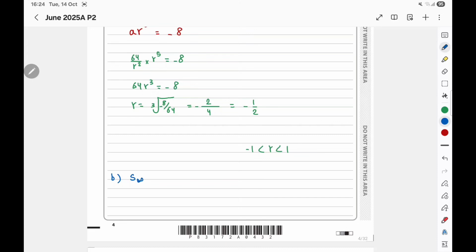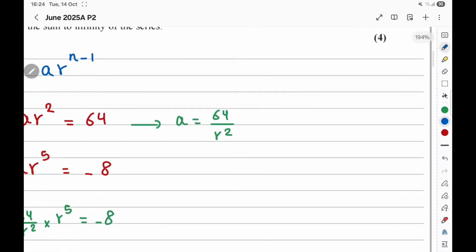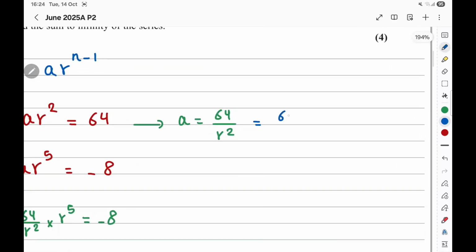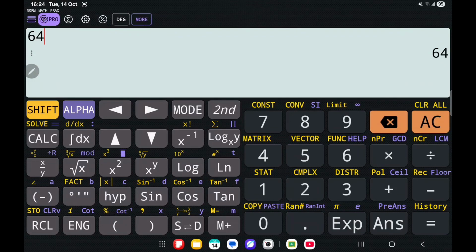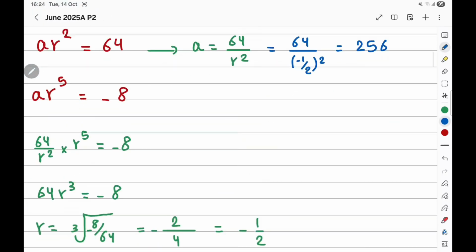Sum to infinity is equal to A over 1 minus R. R is equal to negative half, so A will be equal to 64 over negative half squared, which is 256. A is equal to 256.